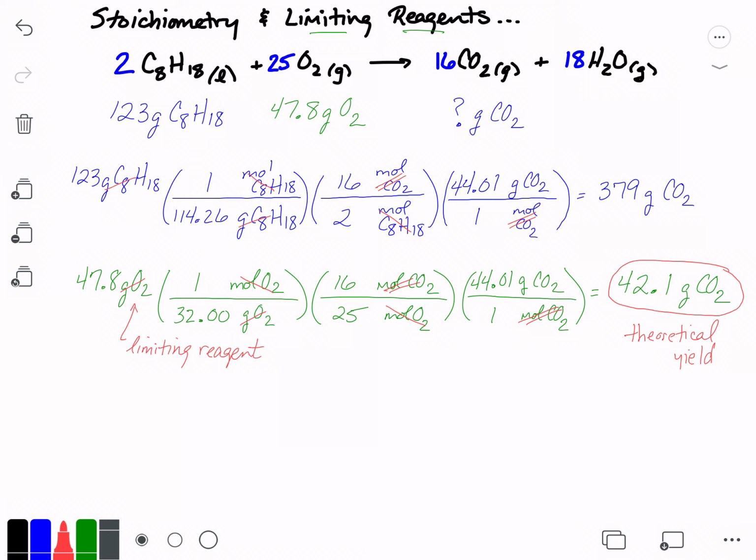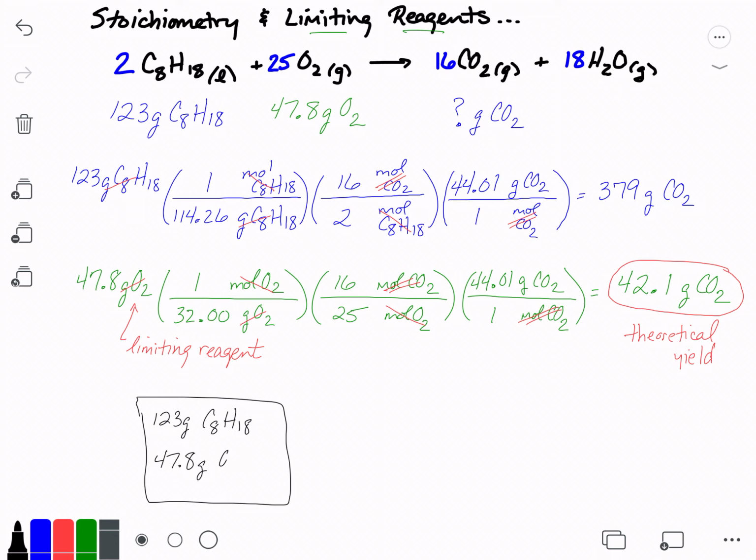So now if I think about what's happening in this reaction, basically what I started out with was my little container here that had 123 grams of octane in it and 47.8 grams of oxygen in it, and the reaction happened. And now at the end, I still have some amount of octane left over.